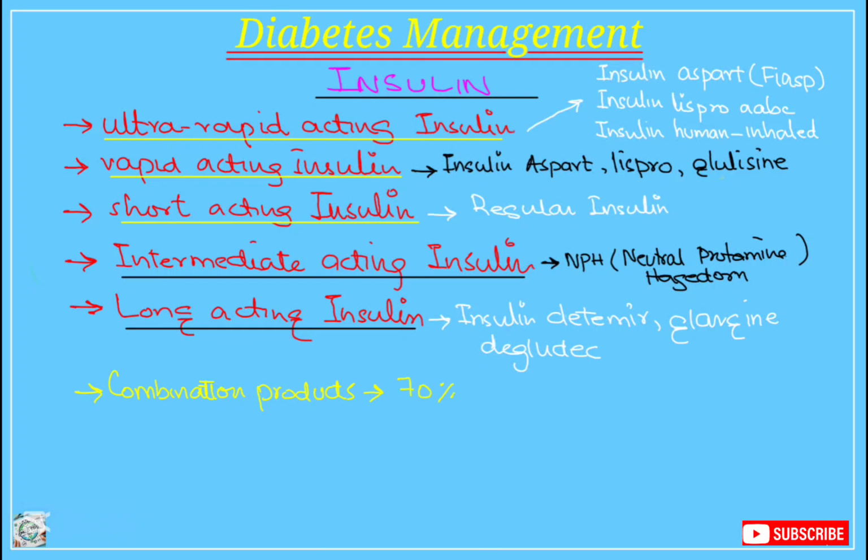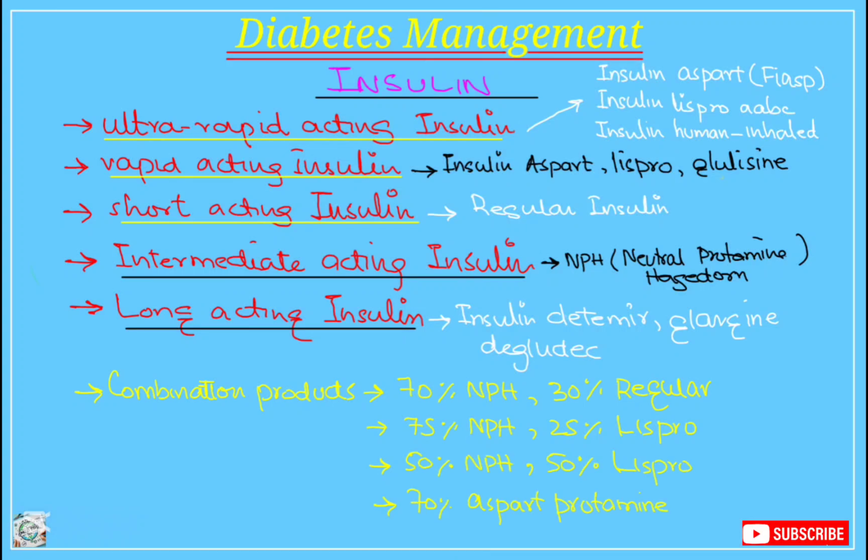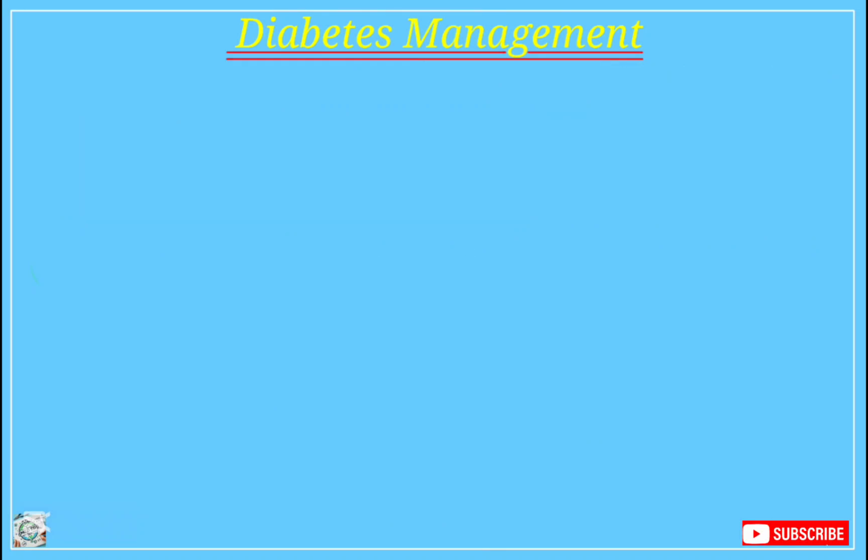These pre-mixed insulins include 70% NPH with 30% regular insulin, or 75% NPH insulin with 25% lispro, 50% NPH or 50% lispro, and 70% aspart protamine with 30% aspart insulin.